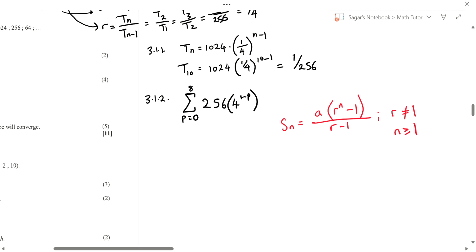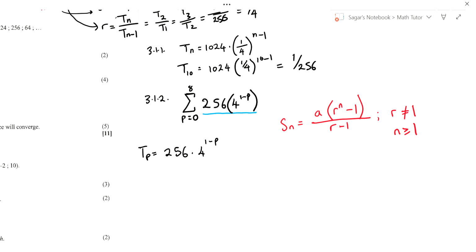So let's continue with this part of the expression. That is not in the standard form. We need to write it into its standard form. So Tp is equal to 256 multiplied by 4 to the power 1 minus p.